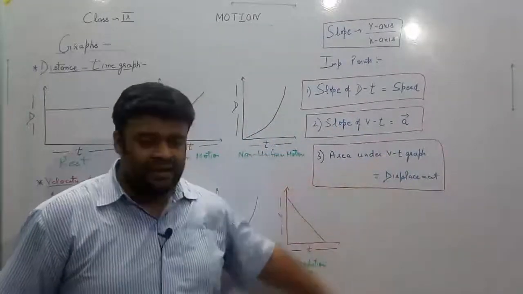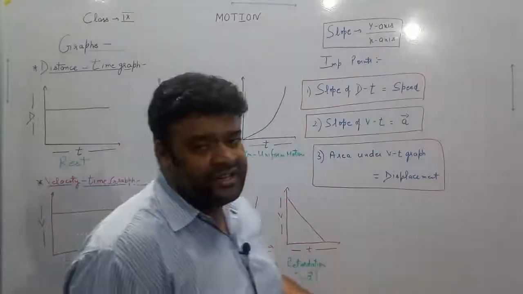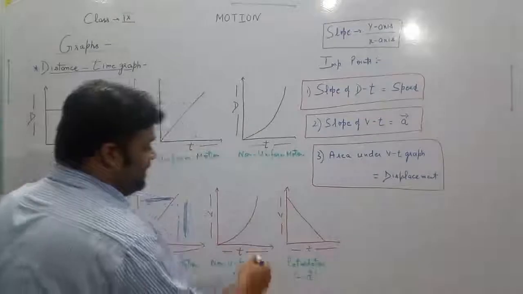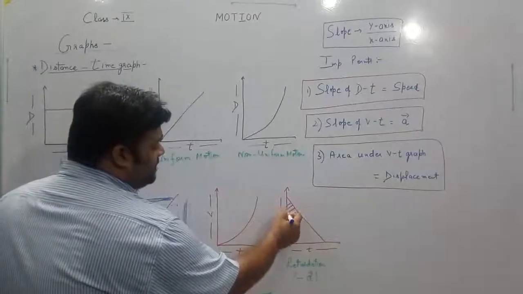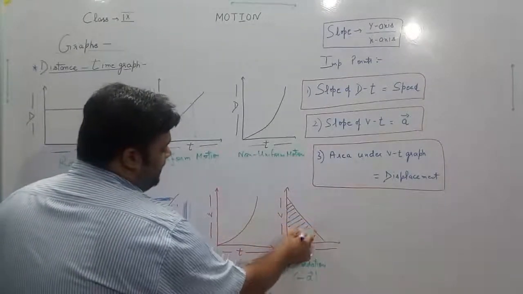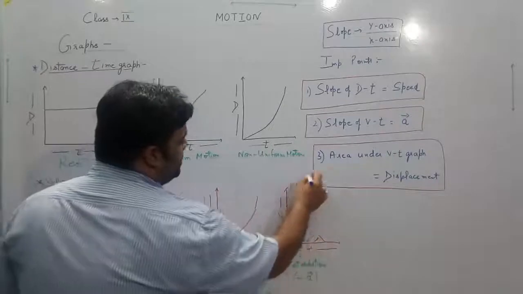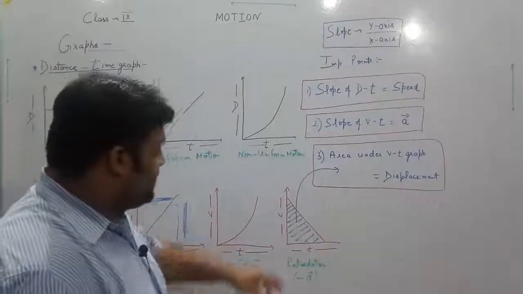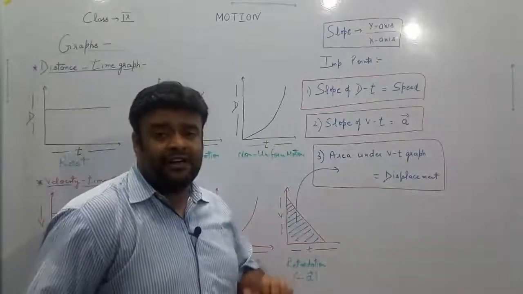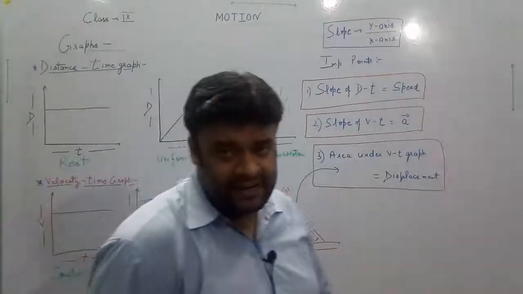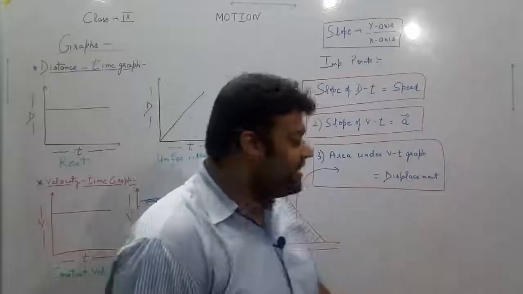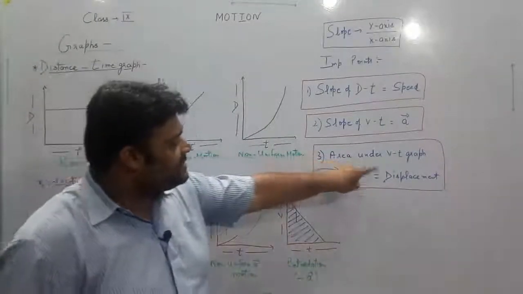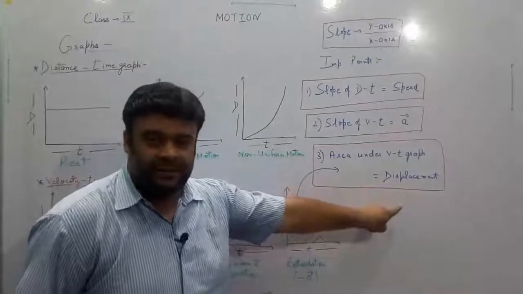And the third important condition, which we also have to use in derivations of equations and numericals: if we find the area under the velocity time graph, then the area under the velocity time graph represents displacement. That is, directly from the graph, by the graphical method, we can find displacement.